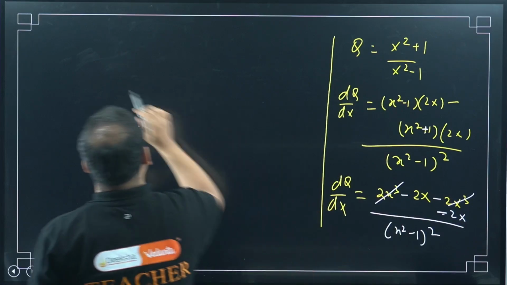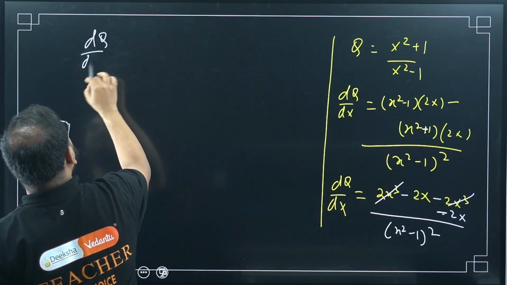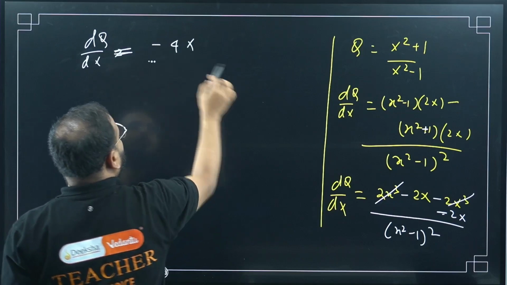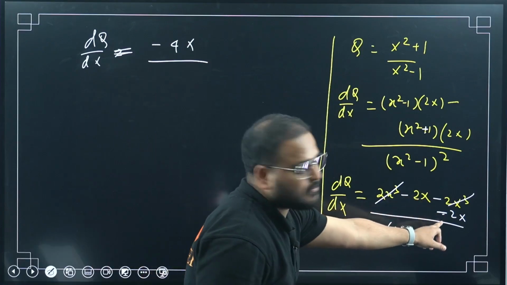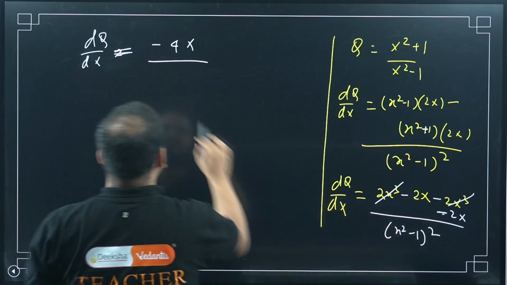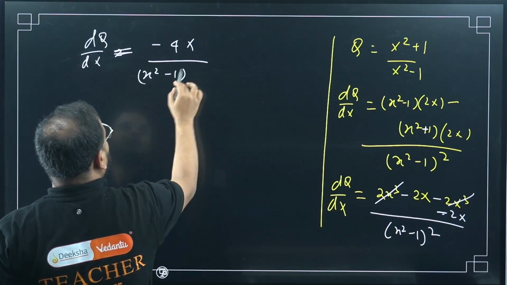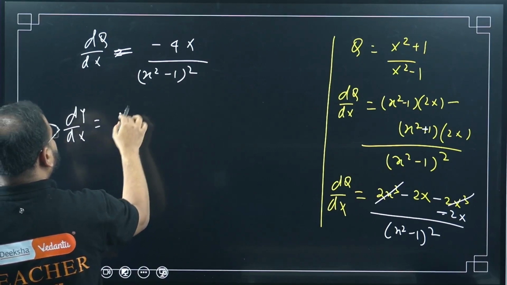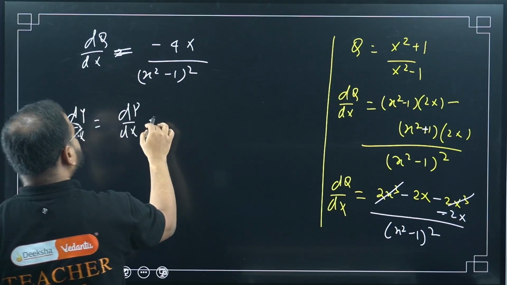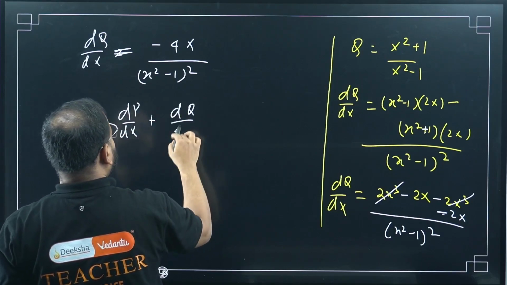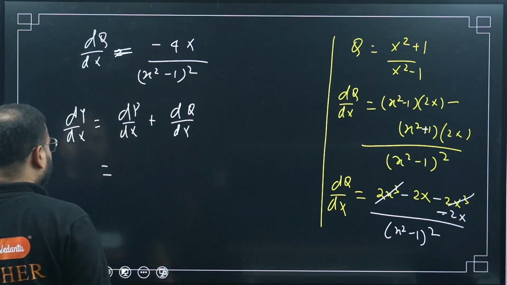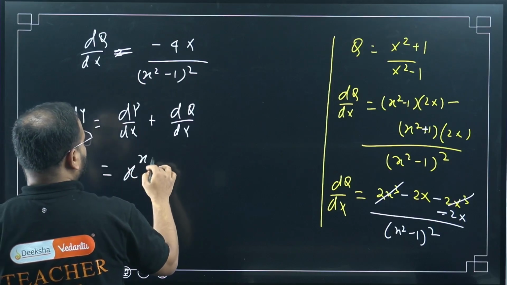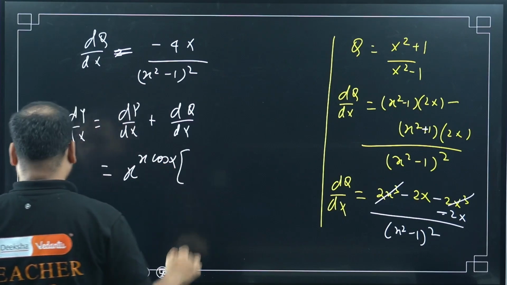What is my final answer for dq by dx? My dq by dx is coming as minus 4x upon x square minus 1 the whole square. What were they asking? dy by dx was nothing but dp by dx plus dq by dx. What's my dp by dx? Please check here. x to the power x cos x multiplied with what?